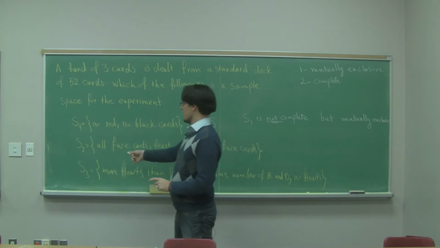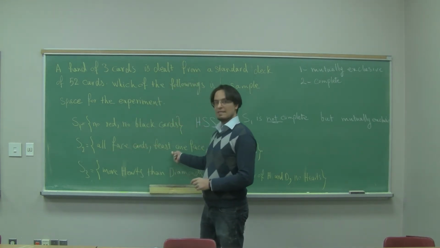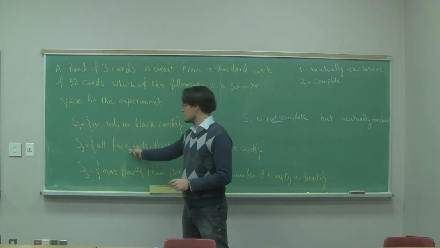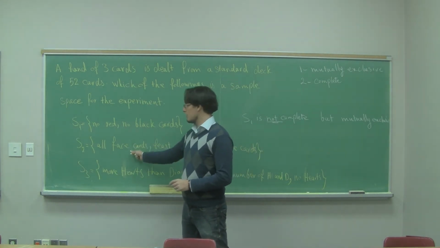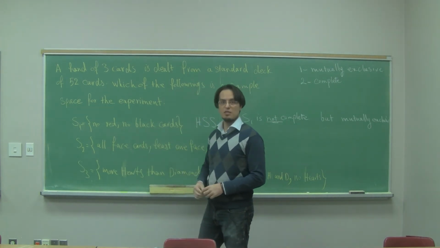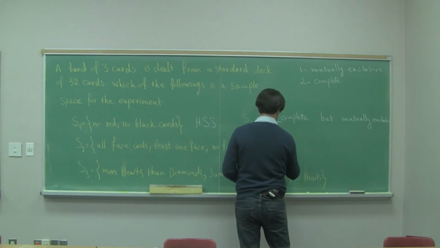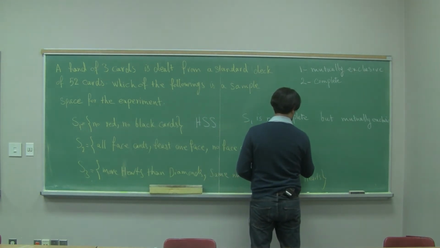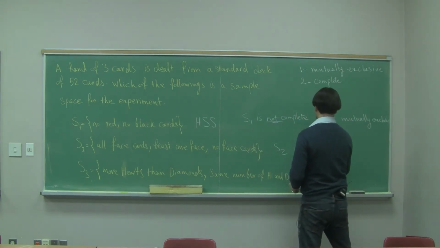But we also have 3 faces here. So this and that have an intersection. Actually, this is included by this one. If all the cards are faces, then we are already in at least 1 face. So it means that the events or outcomes in S2 are not mutually exclusive.